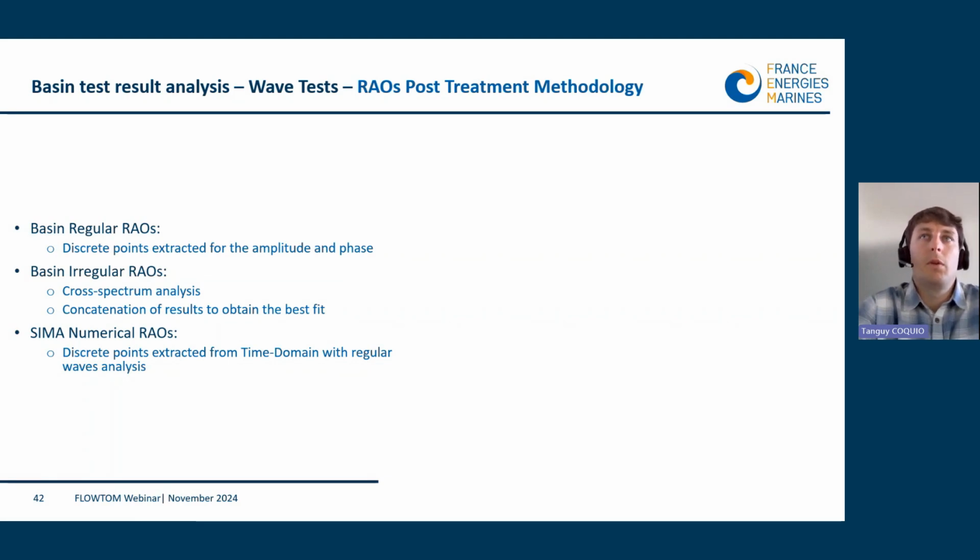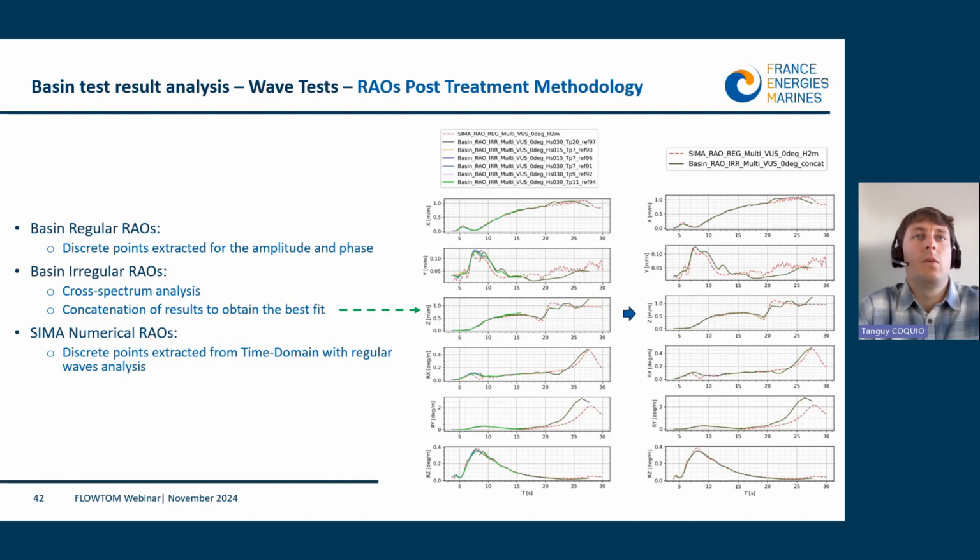For the post-treatment methodology, we looked at basin regular waves and irregular waves, as I said before. For the regular waves, discrete points are extracted for the amplitude and phase of the RAO. For the irregular waves, we used cross-spectrum analysis to extract a continuous RAO, and we concatenate all these results, as we can see on the right, to obtain the best fit.